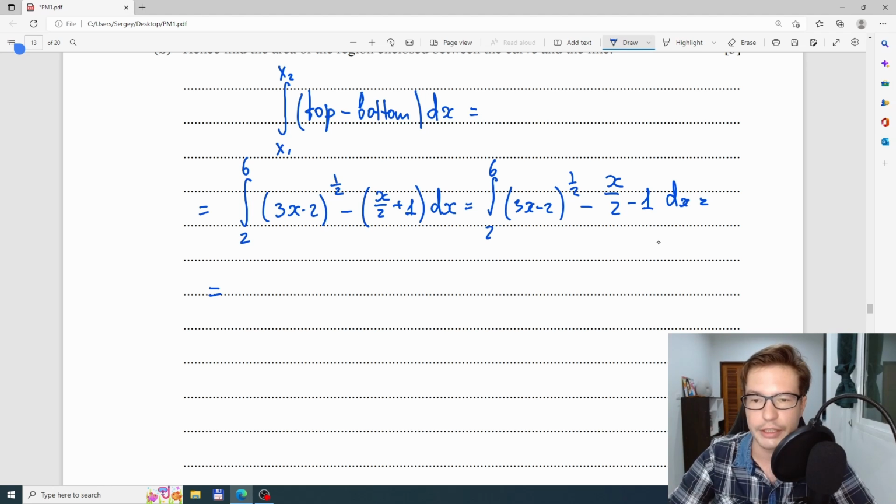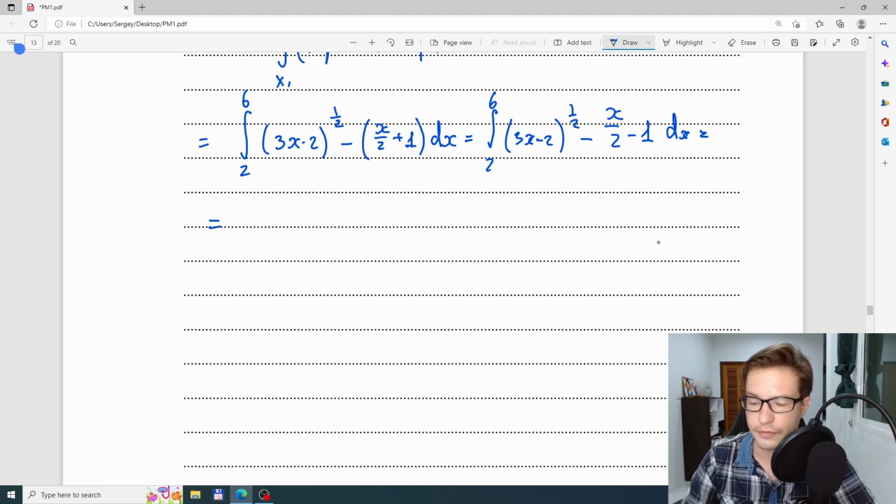Okay, and now I can integrate. I will get (3x minus 2), start with the bracket. Increase the power by 1, gives us 3 over 2. And then divide by the new power. So divide by 3 over 2, get 3 at the bottom, 2 on top. And don't forget, because you have 3 next to x, that goes at the bottom as well.